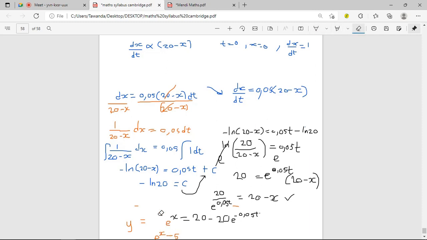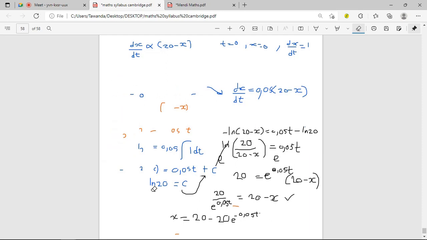Yes. Let me try to remove this. If I'm to simplify it further, as you can see, you can factor out 20, because 20 is common. We can factor out 20.